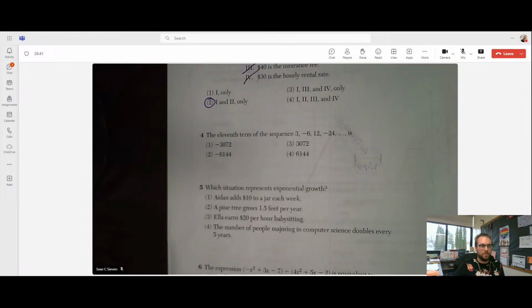Okay, I got 1 vote. Give another couple seconds for the other couple people. Do we think that this sequence is arithmetic or geometric? Think about the alternating signs as we progress through the sequence.